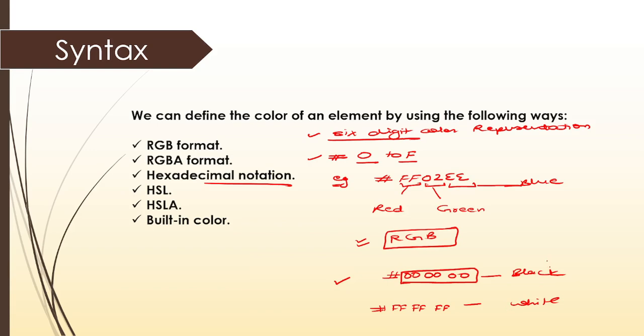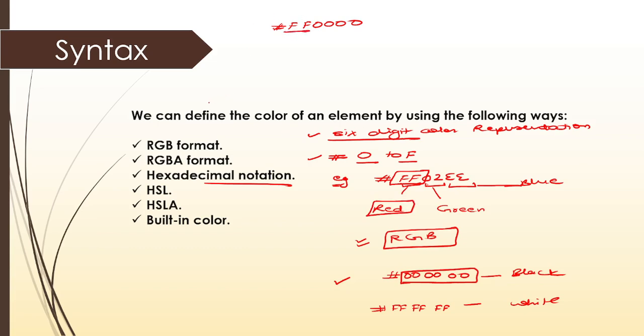Now let's take an example. If you want to give your text a red color, you can write hash FF0000. As I have told you, the first 2 digits represent red, so we always give it the F value.